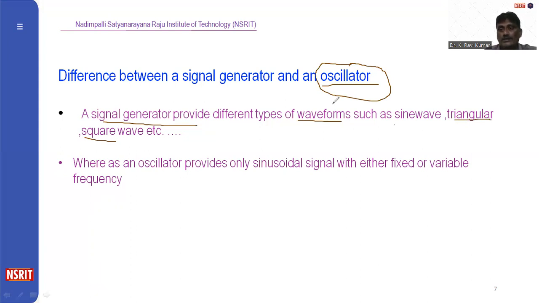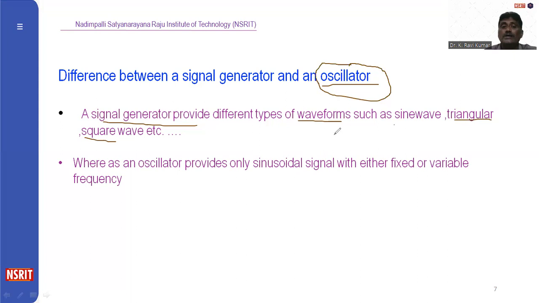Then the buttons are pressed. One button is related to the sine wave, one to the square wave, one to the triangle wave. Like that, the signal generator will produce the output. Whereas an oscillator provides only a sinusoidal signal with either fixed or variable frequency.